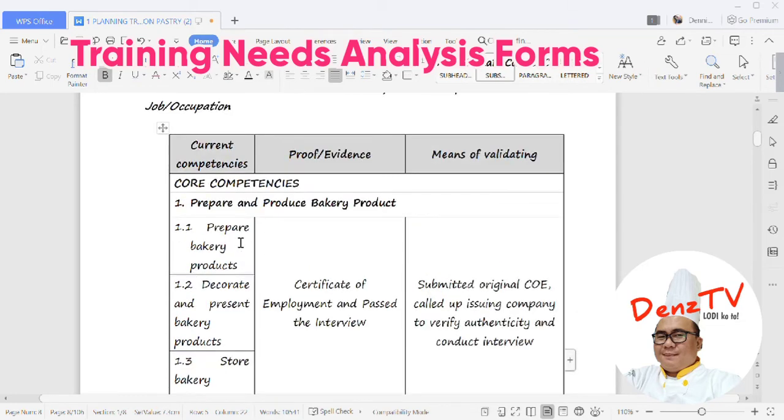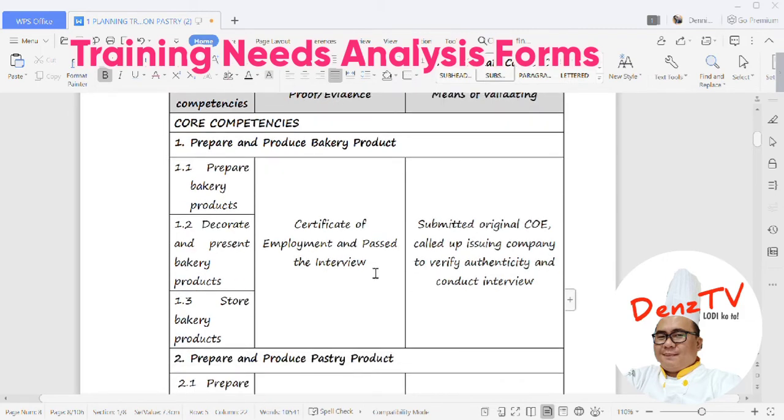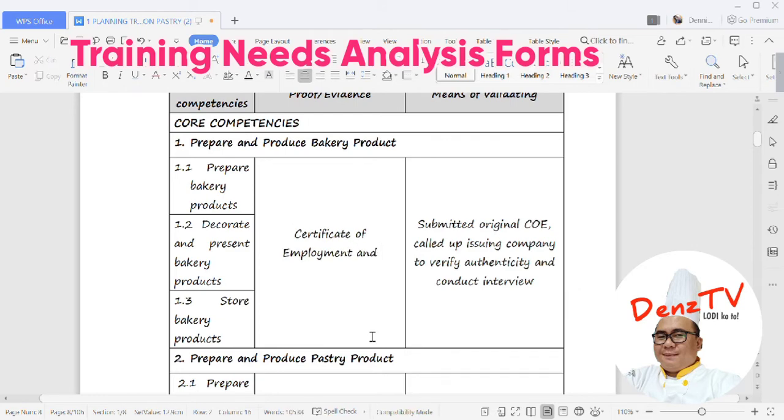But when it comes to proof or evidence, of course you have to put here certificate of employment and pass the interview, or else certificate of employment or certificate of training. That's wrong. That's certificate of training.